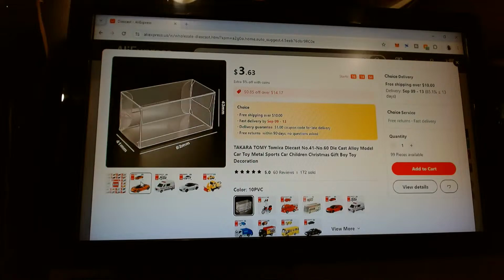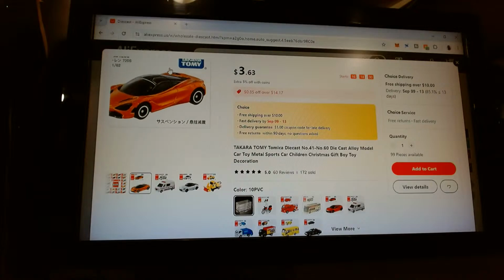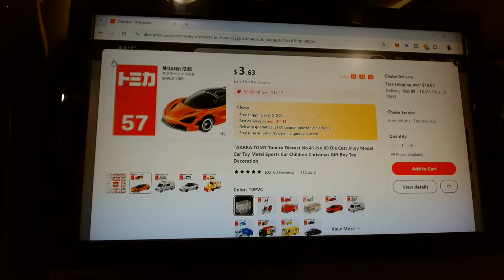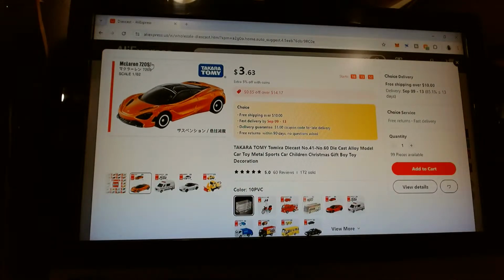Okay. Now these look like, I don't know what the scale is. Let me see if I can zoom in on the scale. 1:62 scale. Okay. So 1:62 scale is slightly bigger than the HO. HO is about 1:87, I believe. 1:87 scale, give or take.